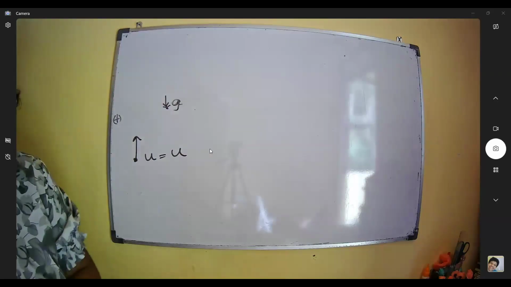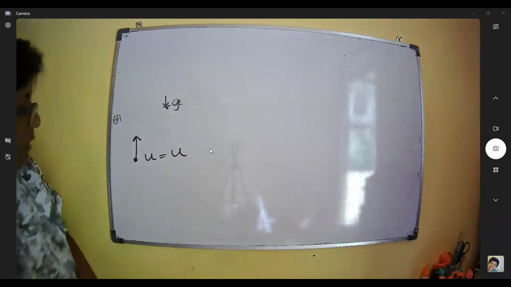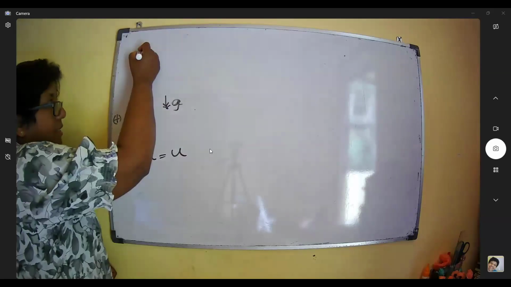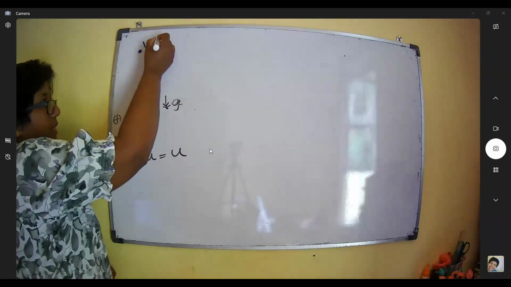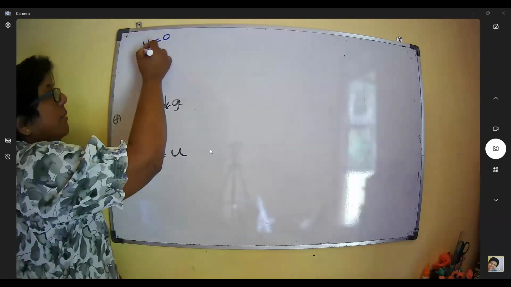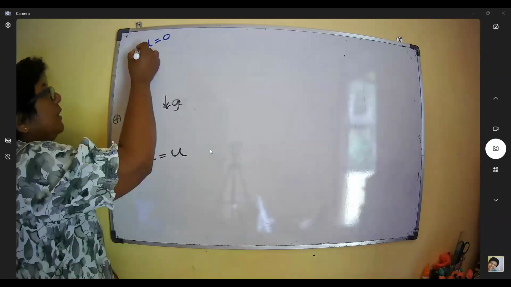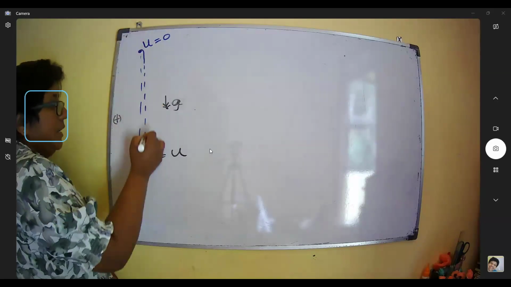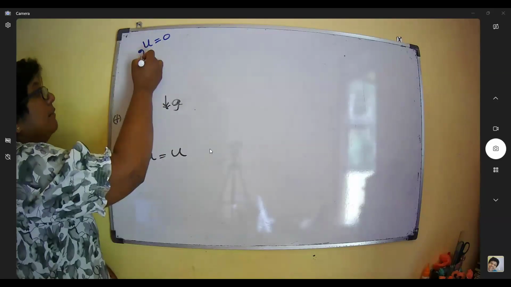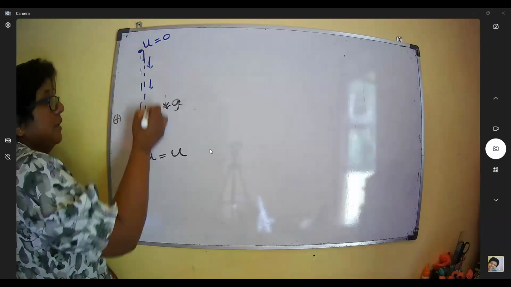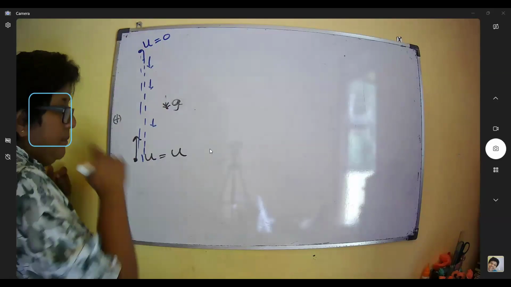Then what is happening here? At the highest point, v is equal to 0. And again it comes back down in the same straight line, but velocity is increasing due to g, right?